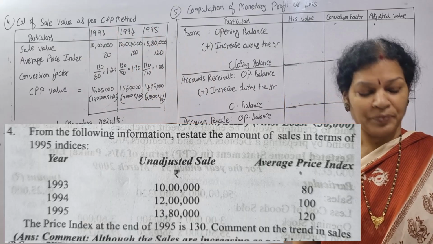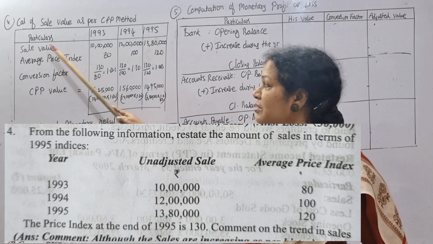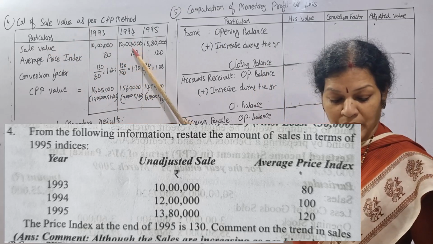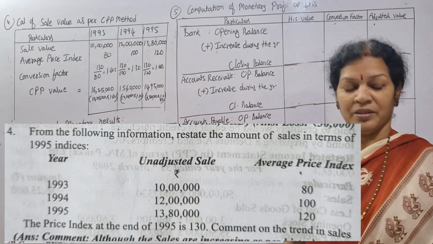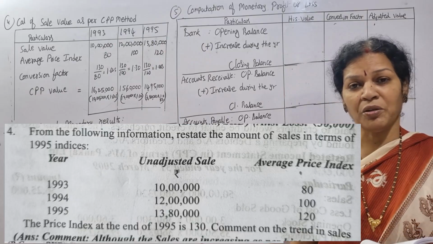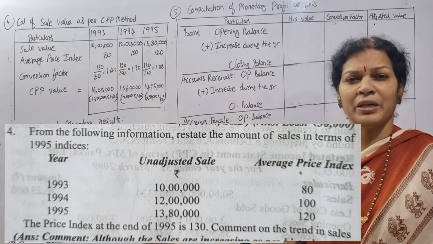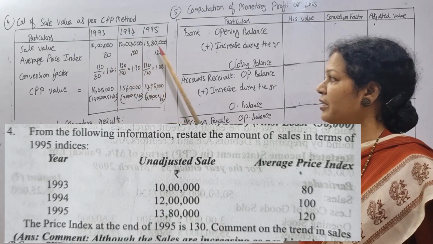What is given to us first? Unadjusted sales, that sale value: 10 lakh, 12 lakh, 13 lakh 80,000. And the average price index is also given, meaning the same year's index price as per the government: 80, 100 and 120.